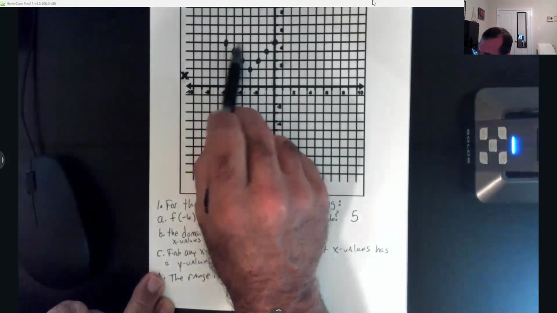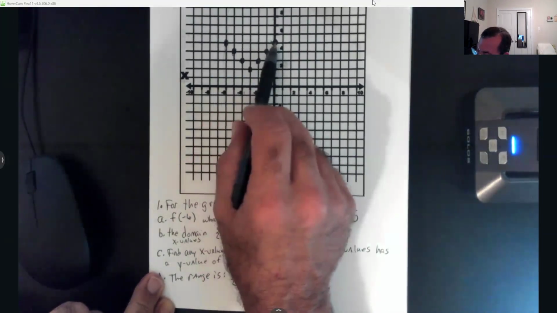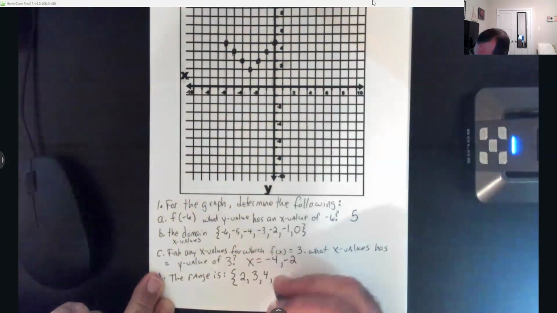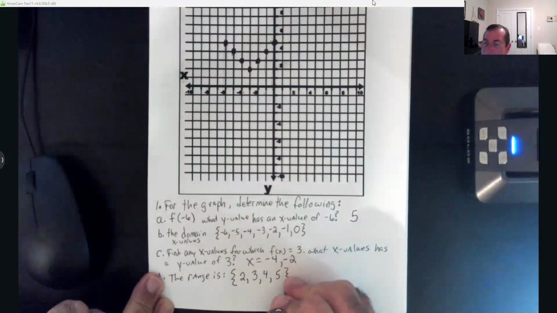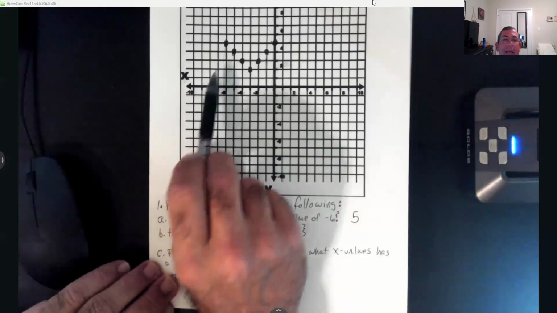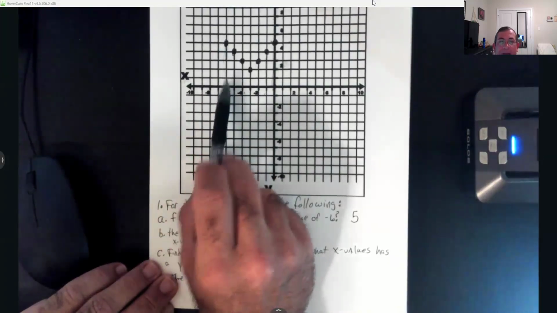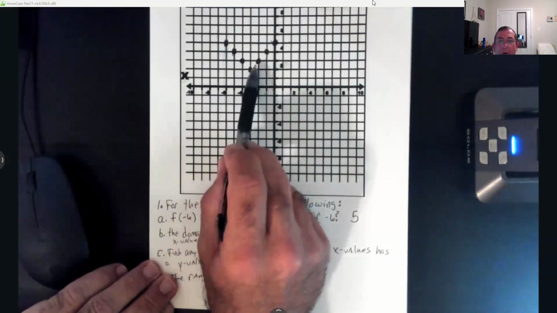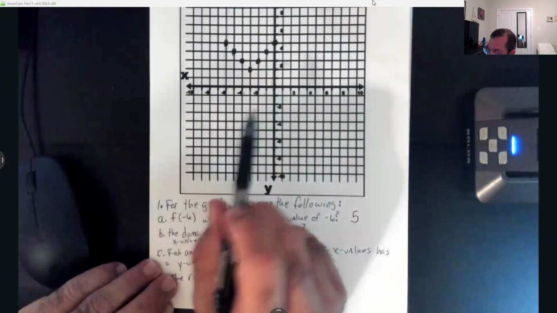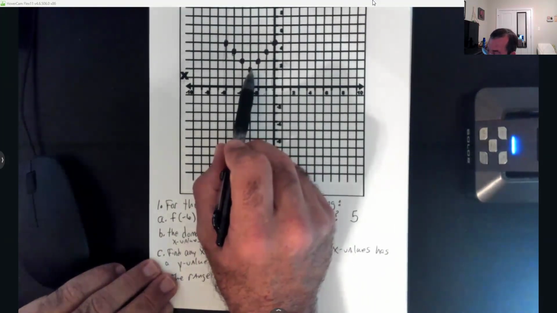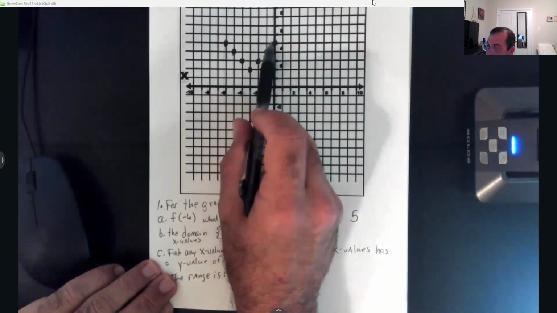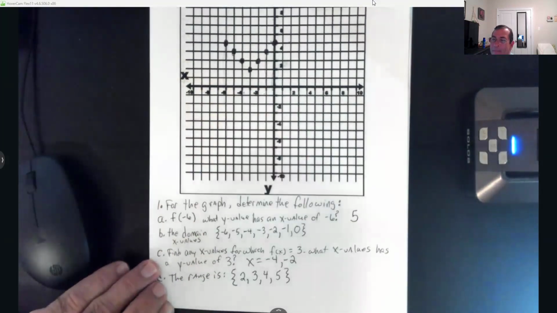And then y'all, finally, these last 2 points here, they share this y value, and that looks like a 5. So the domain is the x's: -6, -5, -4, -3, -2, -1, 0. The range is the y values: 2, 3, 4, and 5. Okay.